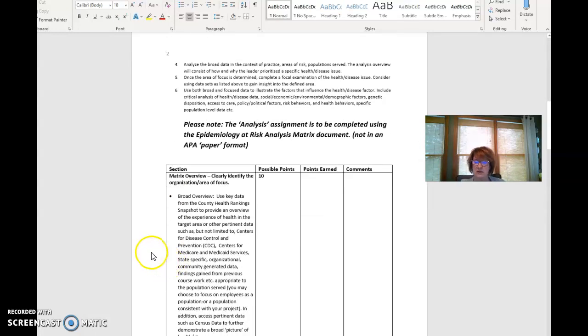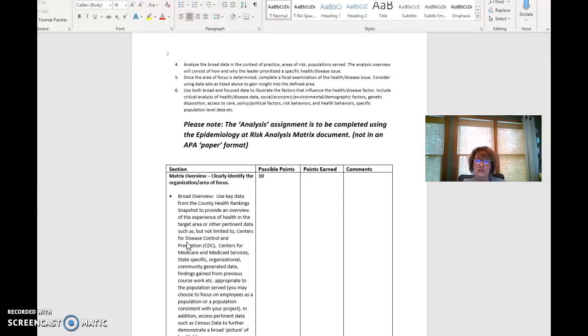So as we take a look at the rubric itself, it's relatively detailed, and just know that the matrix form actually has the key components of the rubric on the matrix itself to help you to formulate your document.